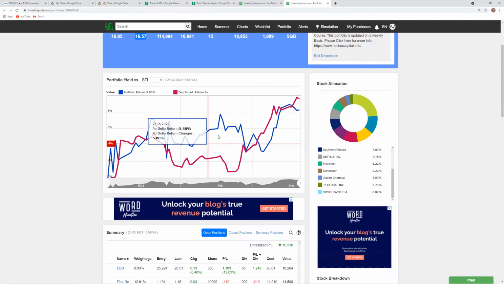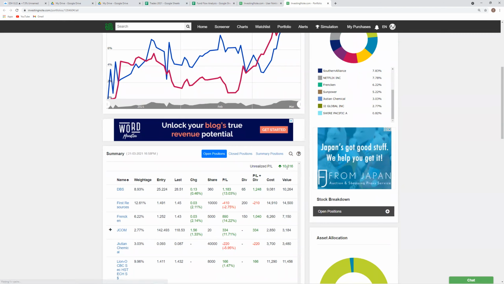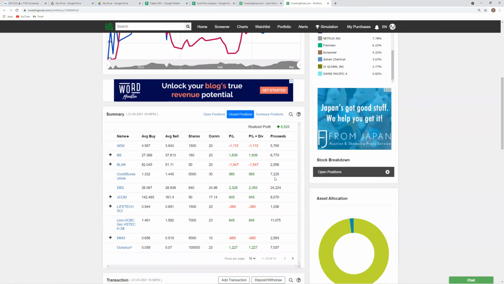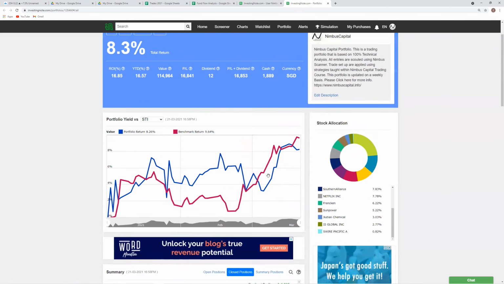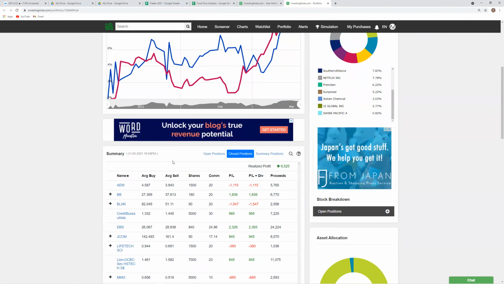I started out with 100k, and I have an unrealized position of 10k in profit, and a realized position of 6k in profit, which gives me close to 17k, which is about a 16.5% return for the first 3 months.